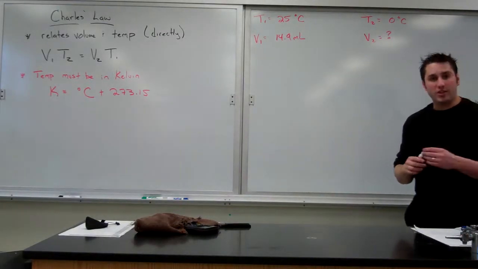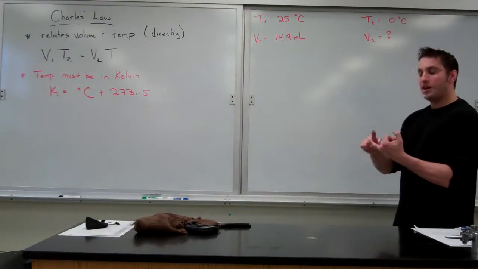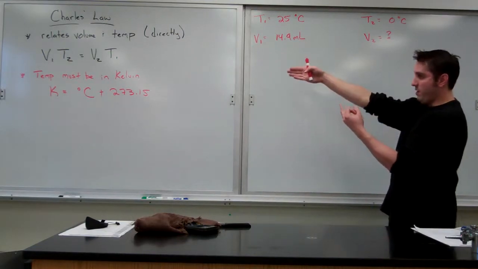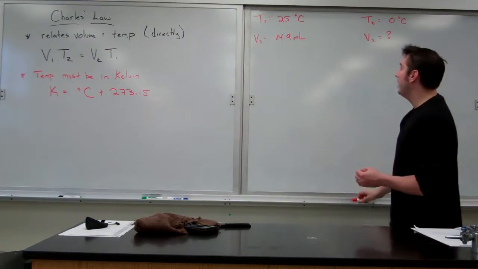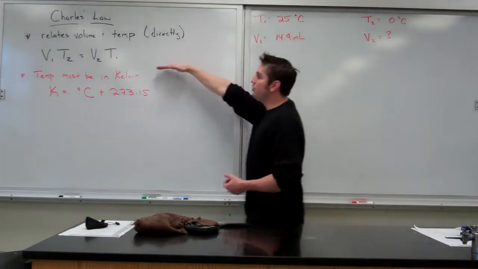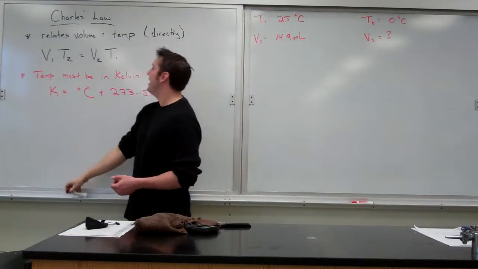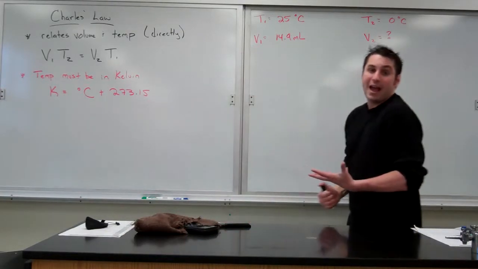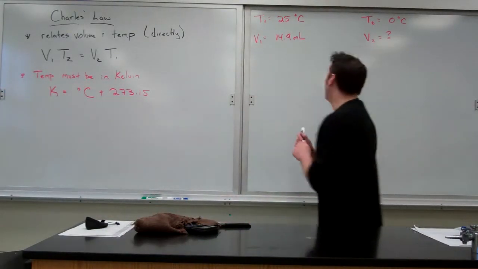Now I have two equations to choose from. I have P1 V1 equals P2 V2, and V1 T2 equals V2 T1. Given the variables I see, I want to use the equation that has V's and T's in it because it matches the best. So I'm going to write Charles' law.